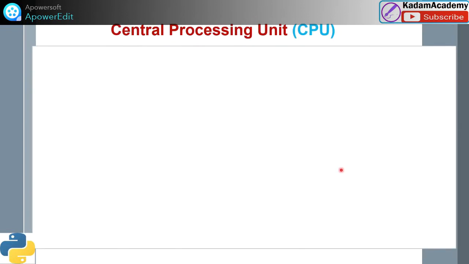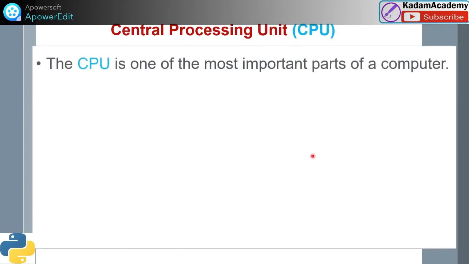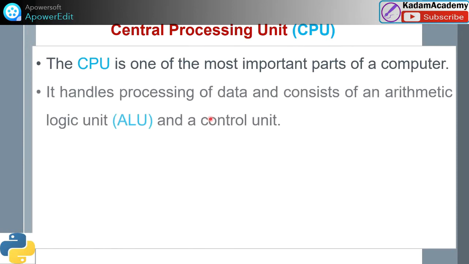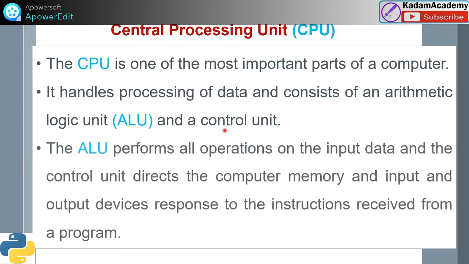Central processing unit. Next is the CPU. The CPU is one of the most important parts of a computer. It handles processing of data and consists of an arithmetic logic unit, the ALU, and a control unit.